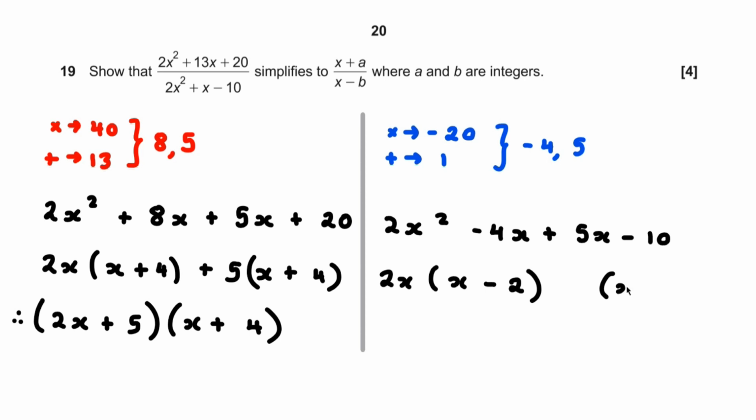I also want an x subtract 2, and if I multiply this by 5, I end up with 5x subtract 10. So when I factorise, I end up with 2x plus 5 multiplied by x subtract 2.